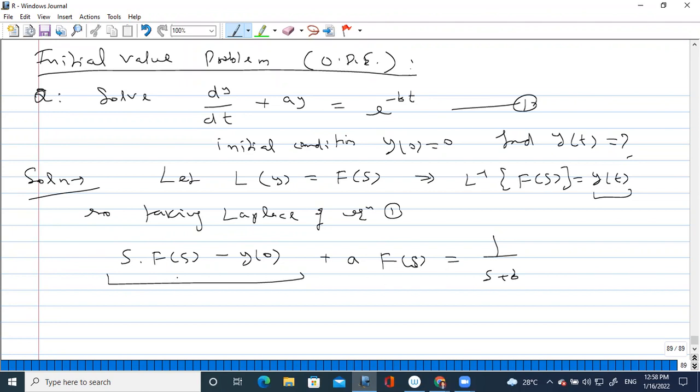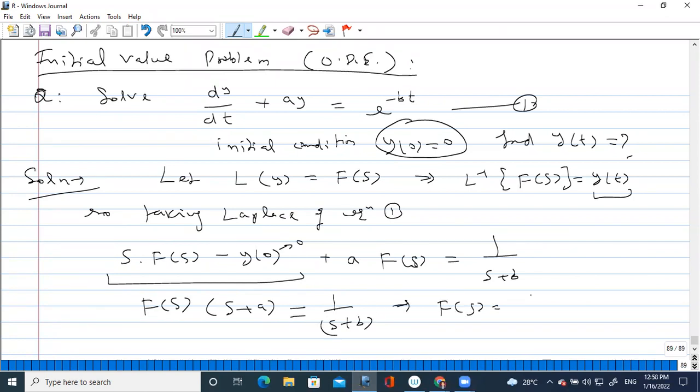So here F(s), you can take common: F(s) into (s + a), and minus y(0), the limit they have already given, y(0) is 0. So this term is 0. So that is equal to 1 upon s plus b. So this implies F(s) is 1 upon (s + a)(s + b).